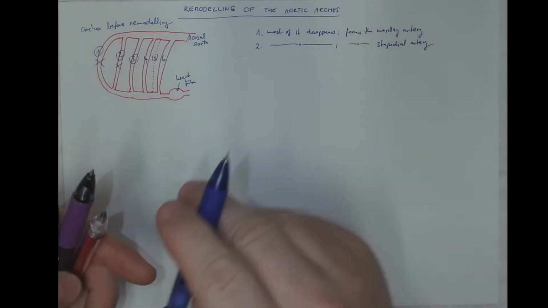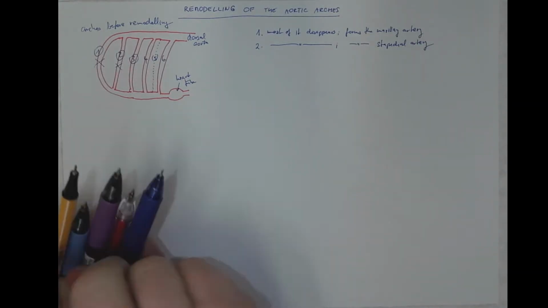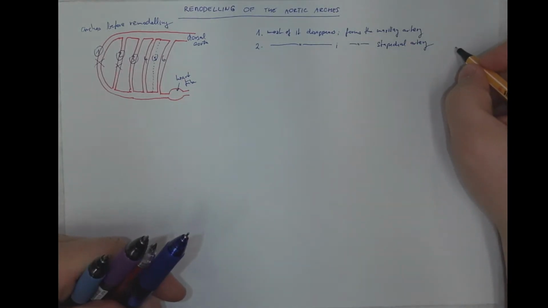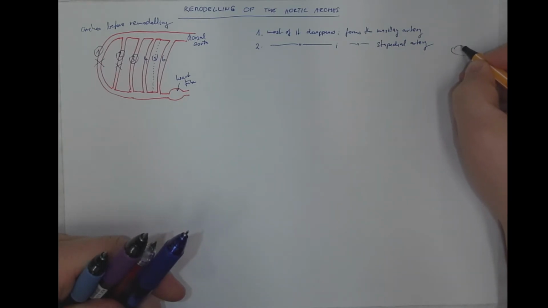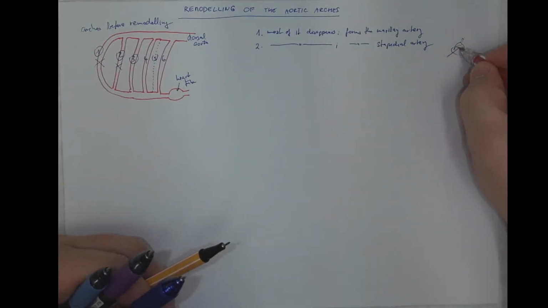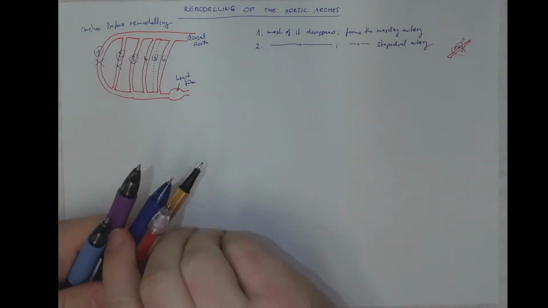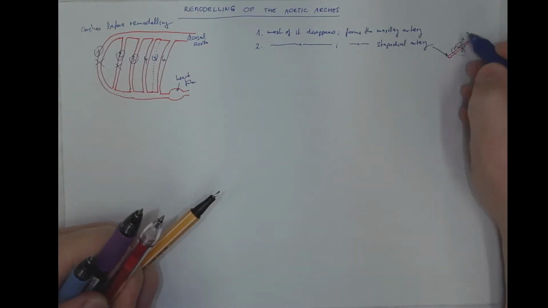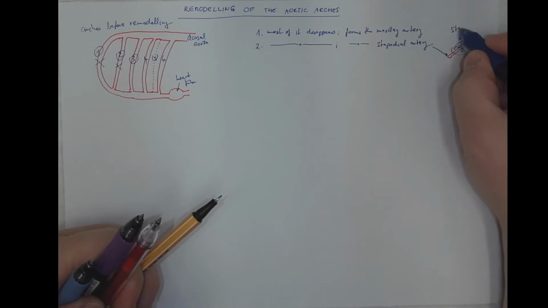And if you ever wondered why the stapes, one of the auditory ossicles, has this window above the base, that's where the stapedial artery runs through that window. Stapes.